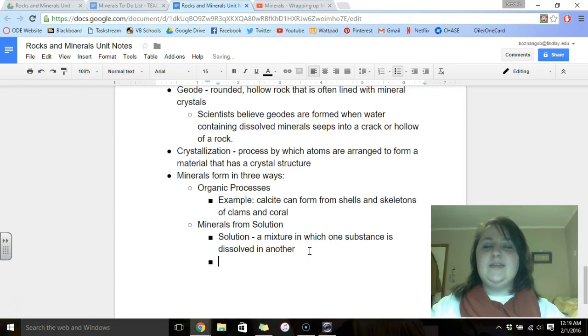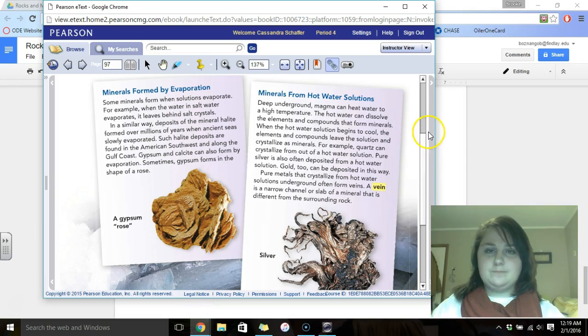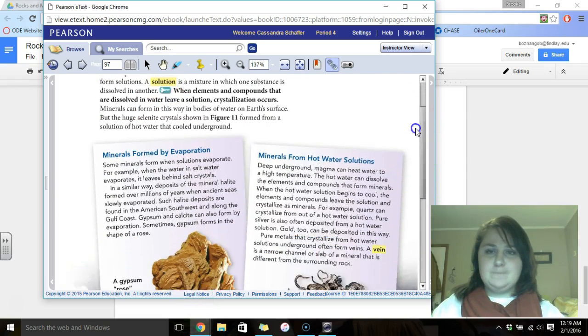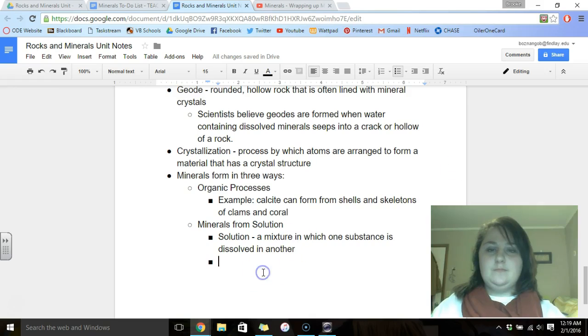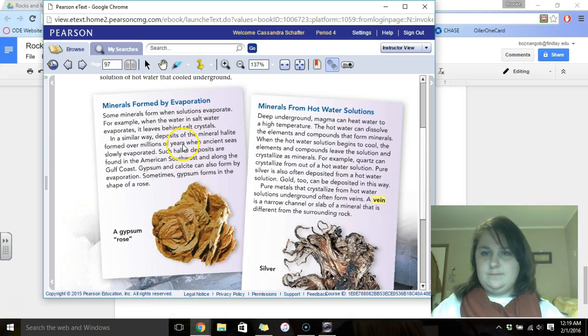So let's put an example of minerals formed from solution. We could put deposits of halite formed over millions of years when ancient ocean seas slowly evaporated.